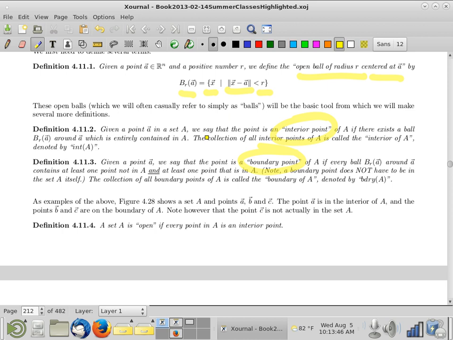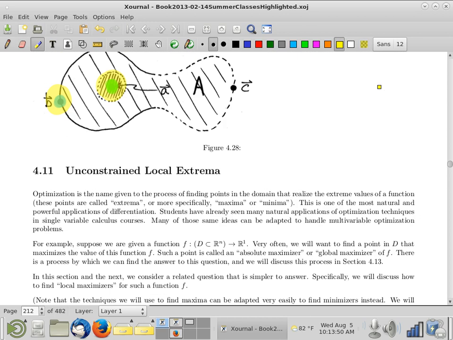Now, a side note, C is also on the boundary. It's not in the set. By the way, the little dotted line here is intended to suggest that that's where the set capital A ends, but it doesn't actually include that dotted line.